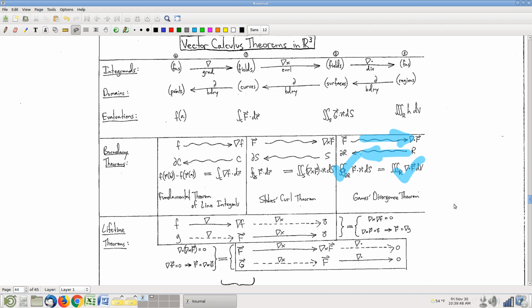Totally analogous. And then finally, Stokes' curl theorem, again totally analogous. So whatever you feel comfortable with about one of these theorems, by analogy, you can help yourself understand the corresponding aspect of the other theorems.